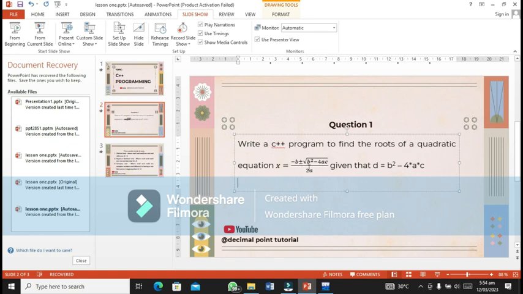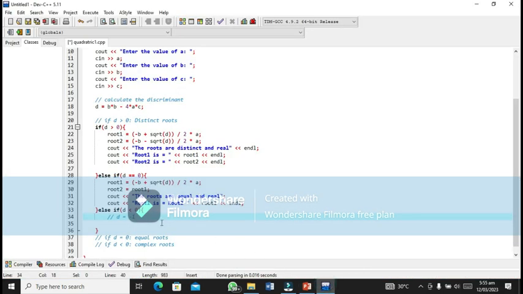Now, since they are sharing the same denominator, minus b is going to be divided by 2a, as well as plus or minus square root of b squared minus 4ac will be divided by 2a. That is, we are going to have our minus b divided by 2a.